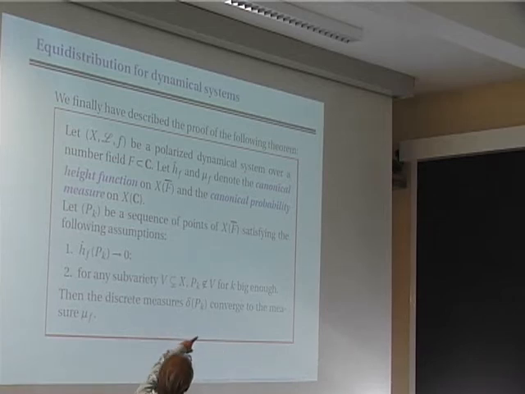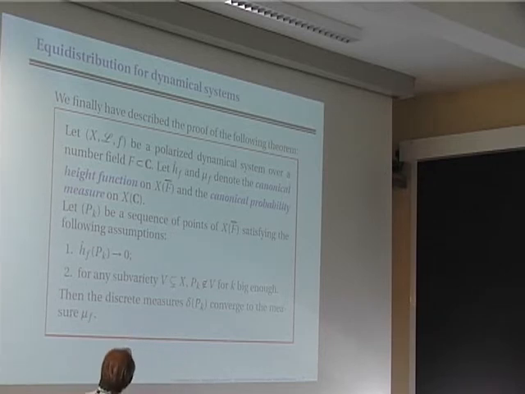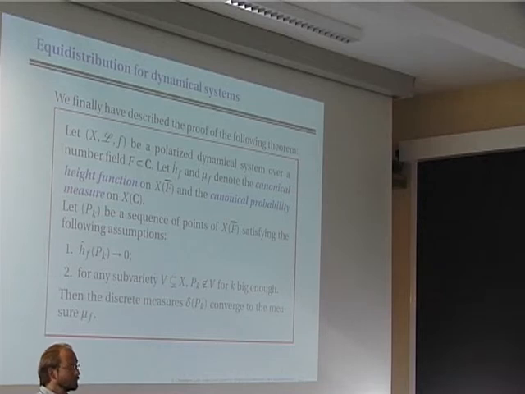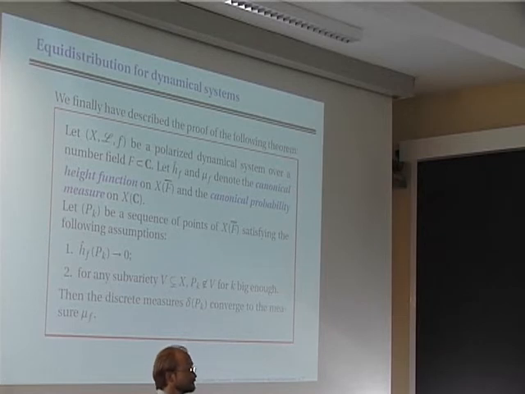Take a sequence of algebraic points in X of F bar such that first the heights go to 0, and second no subvariety contains infinitely many points. Then the discrete measures delta of pk converge to the measure muF.